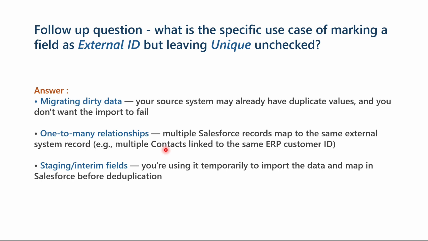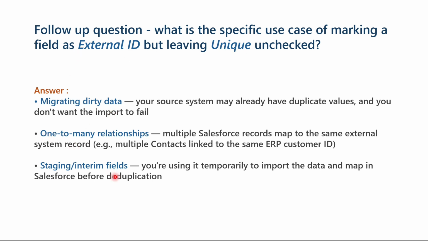Are you getting it? For example, there is one customer ID in the external system, but in Salesforce you can have multiple contacts for it. In that case, your external ID will be mapped across multiple records. Correct? So that is the use case of one-to-many relationships. In that case, you can have the same external ID on multiple records. So this is the use case when this is allowed.